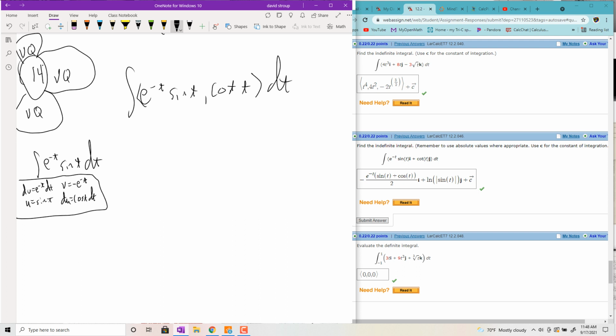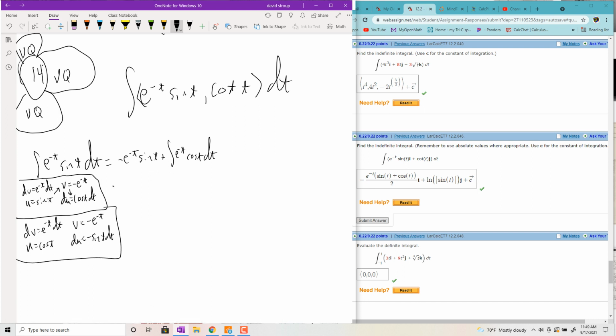This will be u times v, so negative e to the negative t sine t, minus the integral of v du, so that becomes plus the integral of e to the negative t cosine t dt. Then you have to do by parts again, so u is cosine this time, dv is e to the negative t dt, v will be negative e to the negative t, and du will be negative sine t dt.